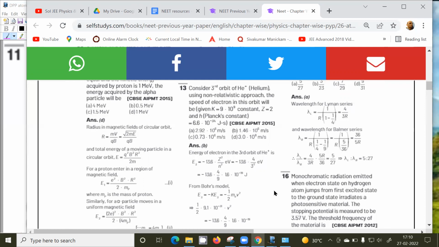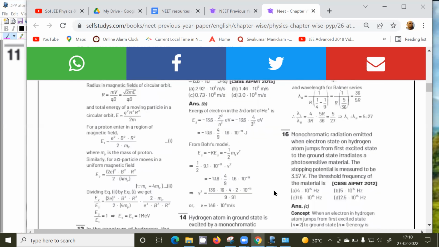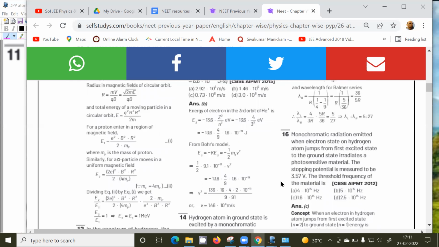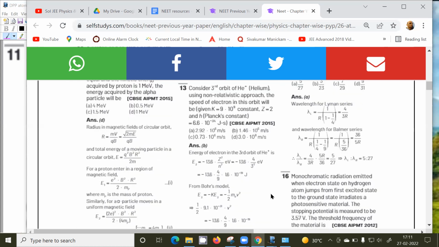See, the ratio of the speed of the electron is being asked, no? So it is the same as the square root of the kinetic energy, right? If you know the kinetic energy, from 13.6 by n square, we can get 1.47 into 10 power 6.